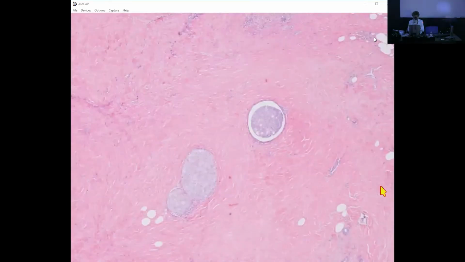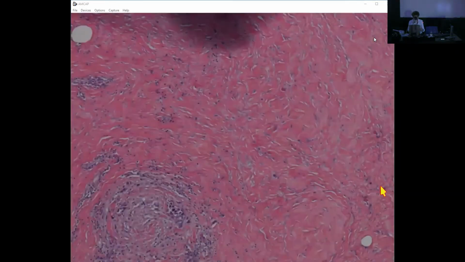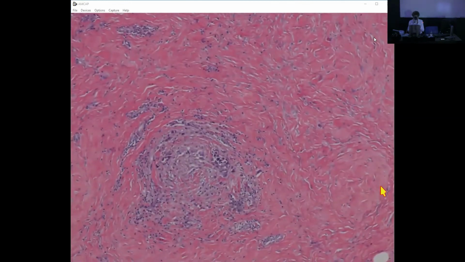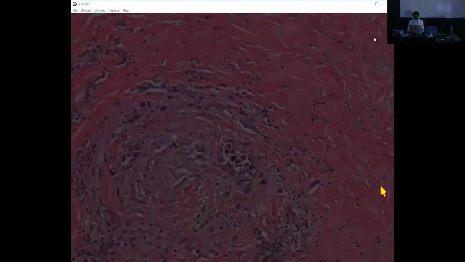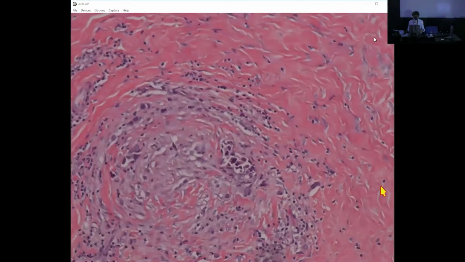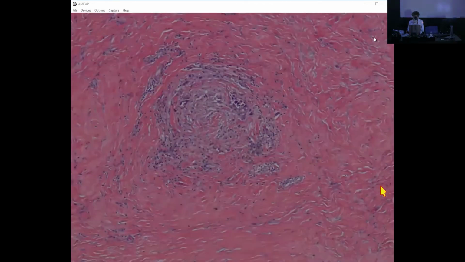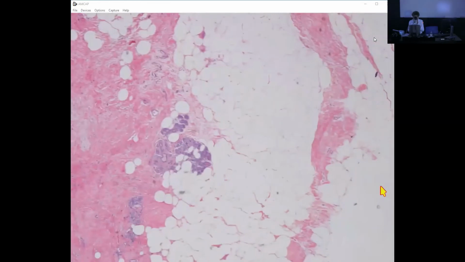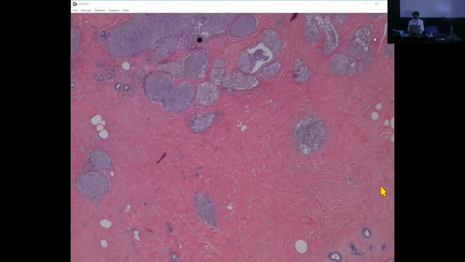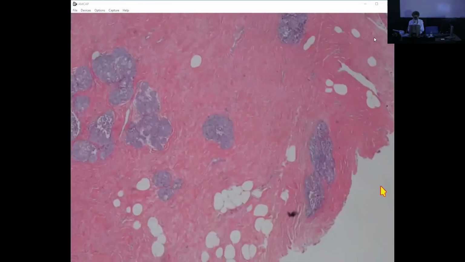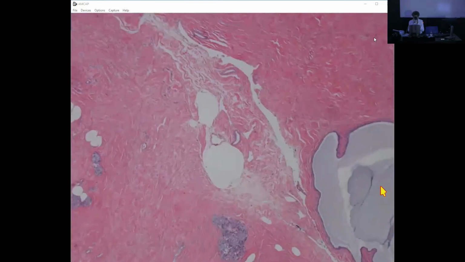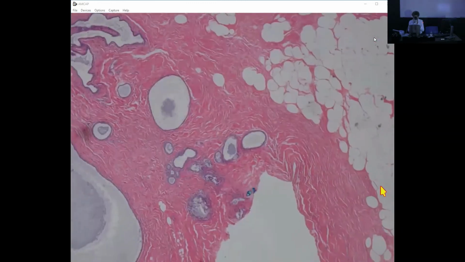And then there is an area that is dotted here where clearly we have a tiny focus of invasion, in this case, reactive stroma. I think in this case there was more invasion as well. I don't remember the details, but there is a tiny focus of invasion right there. Once you have an invasive carcinoma, it doesn't really matter too much whether it's classic or pleomorphic, because they're all invasive.